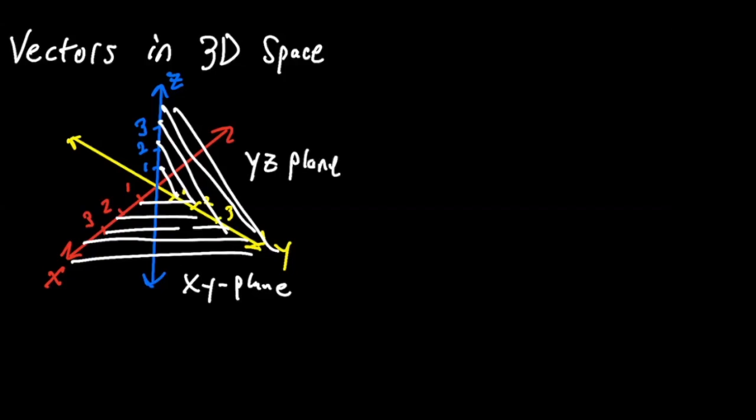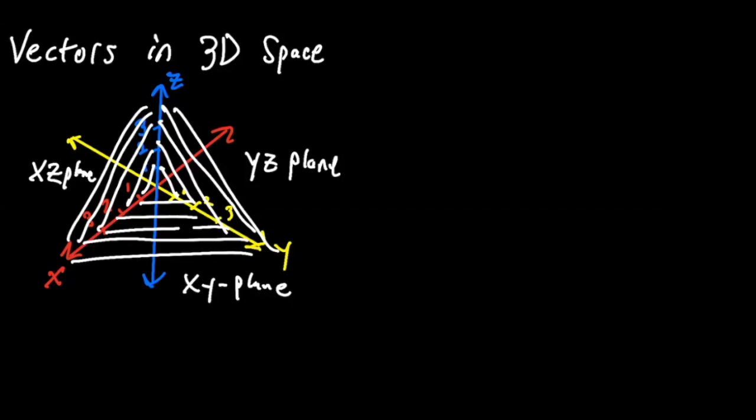And then finally, to our left, we have the XZ plane over here. This is the XZ plane. So we have three planes, and planes are just a collection of two axes. For example, in 2D space, we always are working on the XY plane.